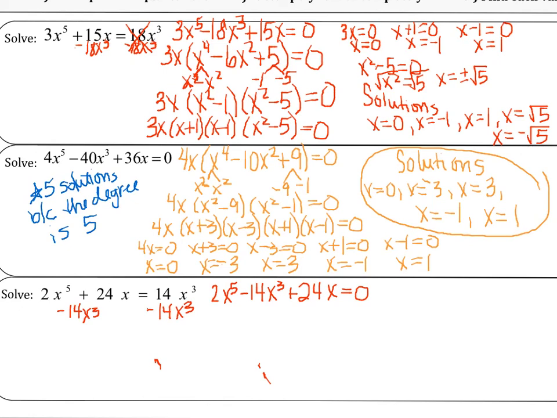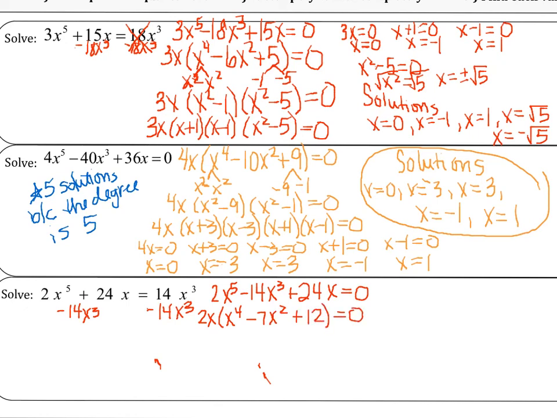So I have now put it in the correct form. Looking at all those terms, I notice that 2x goes into all of them, so I'm going to take 2x out. That's my GCF. I'm left with x to the 4th minus 7x squared plus 12 equals 0.